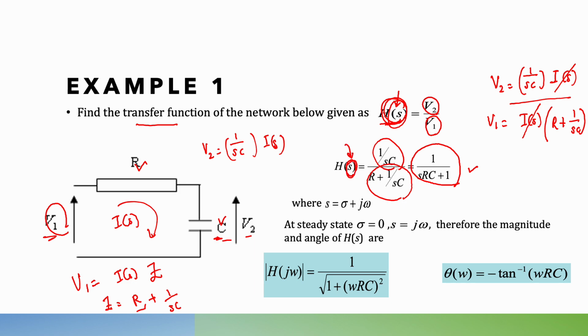Since we are dealing with the S domain, as we recalled in our previous slide, there is also a phase difference. When there is a phase difference, S is equal to sigma plus j omega. What is sigma? Sigma is the coefficient that changes with the state of the network.